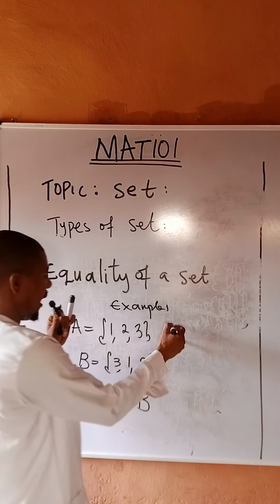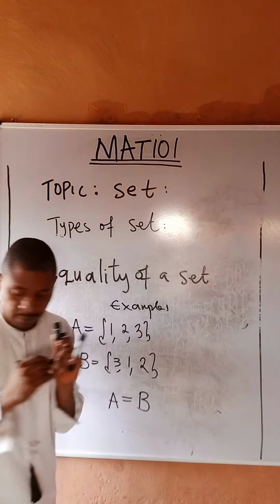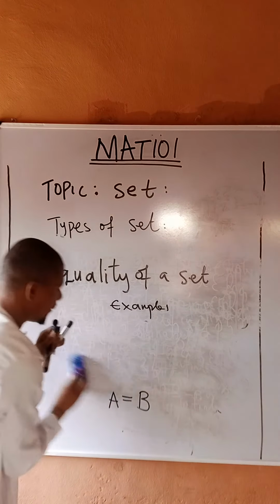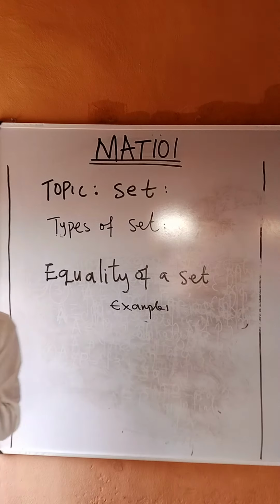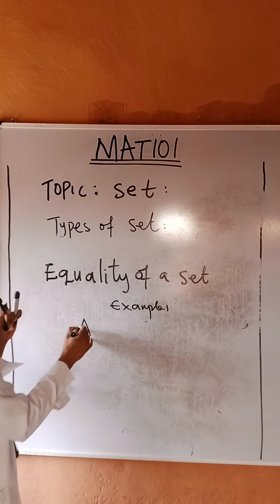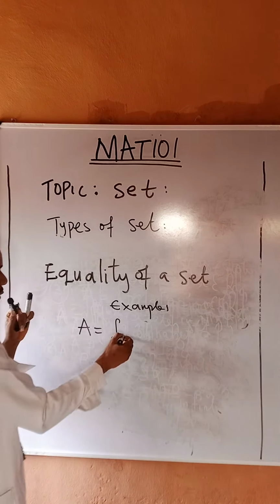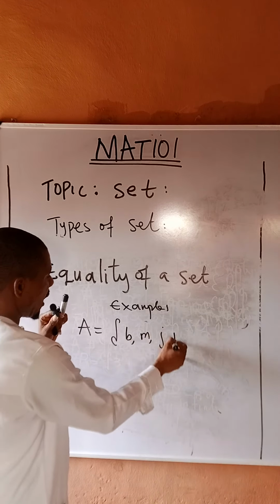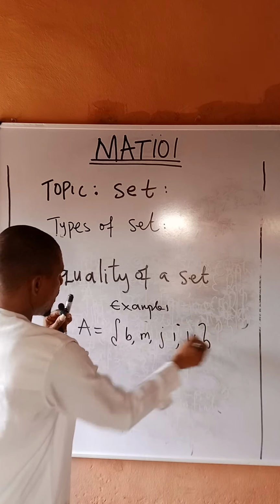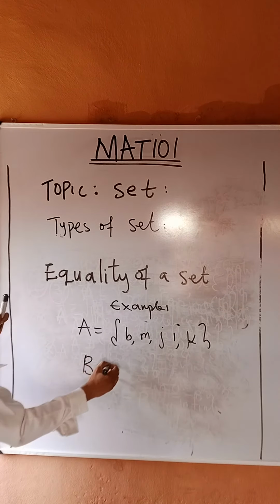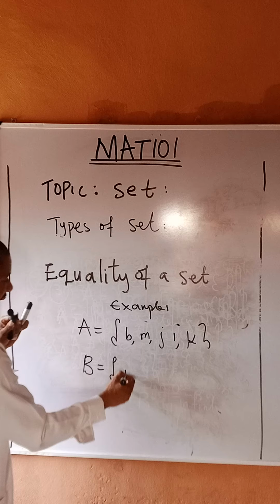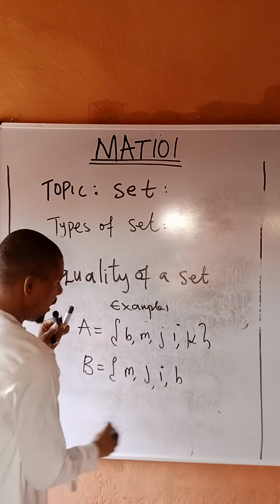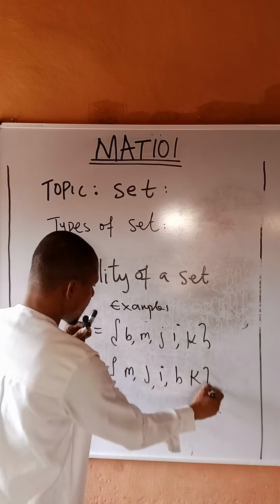Then if I have another example, let's assume that a set A is equal to {B, M, J, I, K}, and a set B is equal to {M, J, I, B, K}.